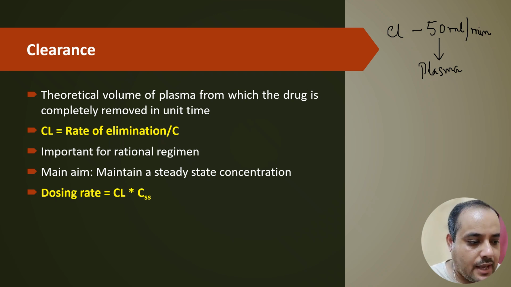Now how do we calculate clearance? The clearance is calculated by the formula rate of elimination divided by C. This C stands for the plasma concentration of the drug.